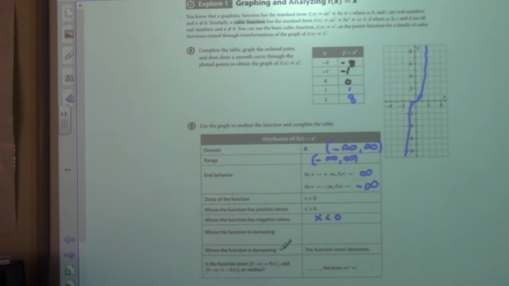Okay, and then where's the function increasing? On 0? Yeah, but where else? All real numbers. The function is increasing on all real numbers. Always increasing. So I'm going to put always increasing, right? And you can say it a bunch of different ways.